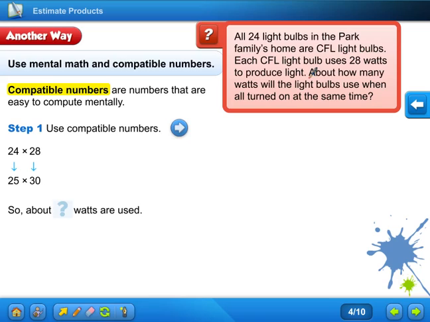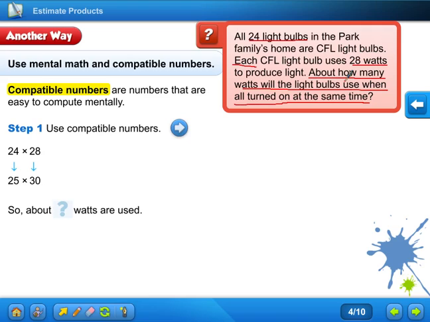About how many watts will the light bulbs use when all turned on at the same time? What information do I know? What information do I have in my head that I just read? Let me go back and look. I know that there's 24 light bulbs in their home, and each, which means to multiply, uses 28 watts. So one light bulb uses 28 watts, another light bulb uses 28 watts.